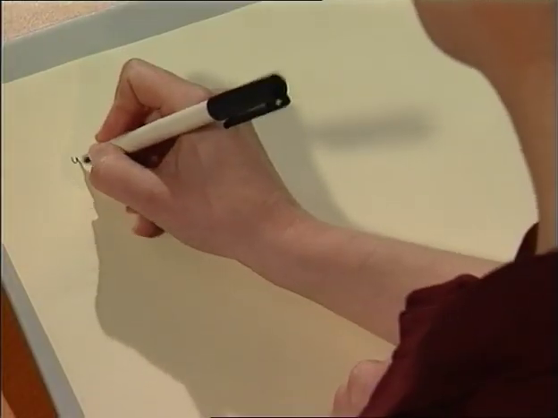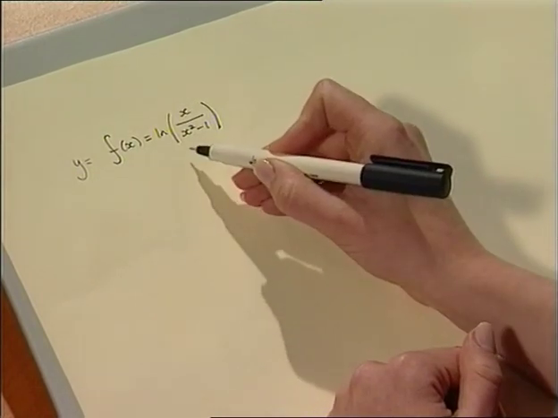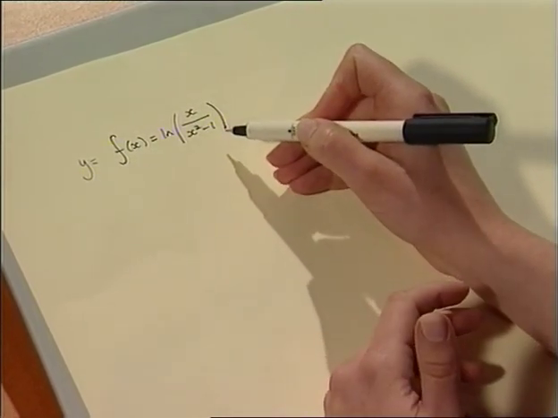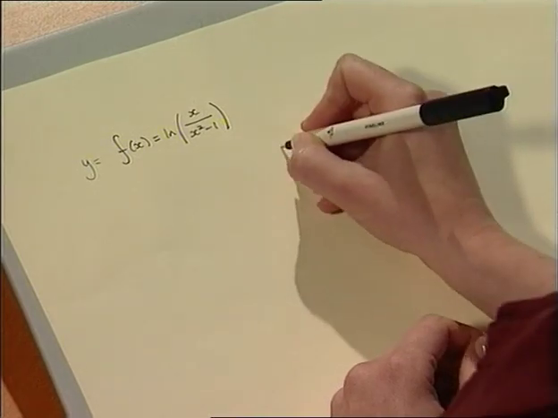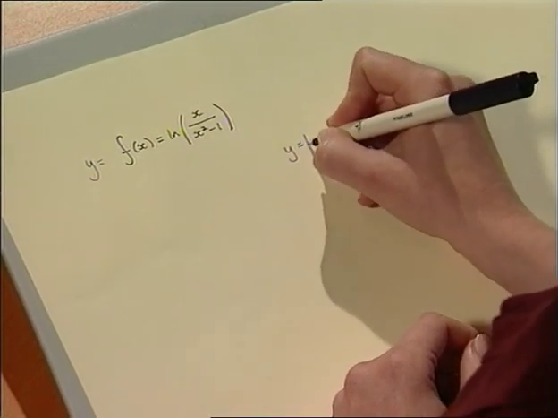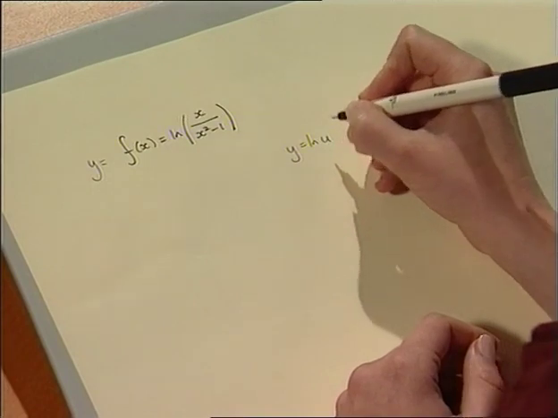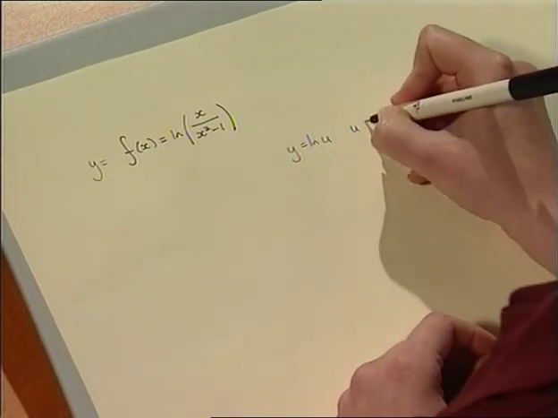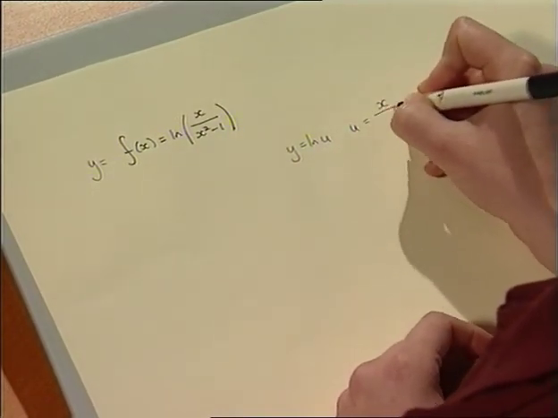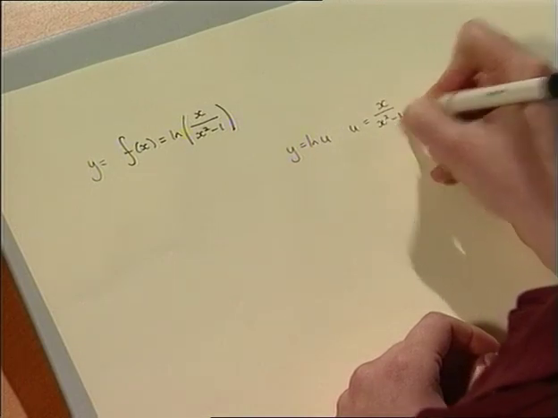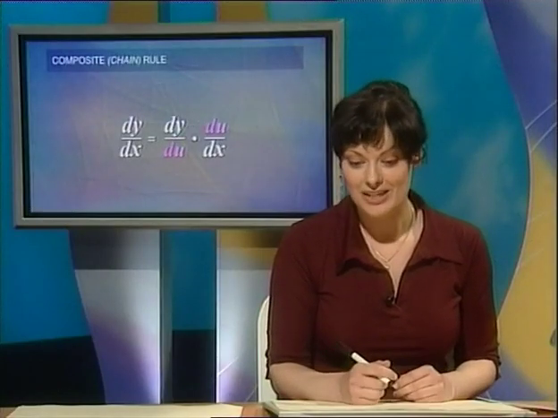Too right. So I'm going to write y is equal to the natural log of x over x squared minus 1. And I'm going to choose y to be equal to ln of u, where u is equal to x over x squared minus 1. So now I need to differentiate each of these terms.